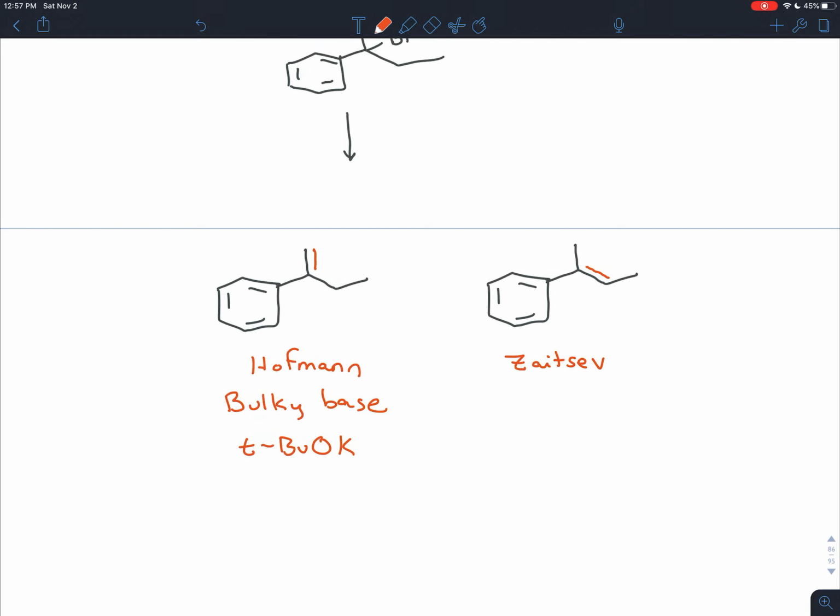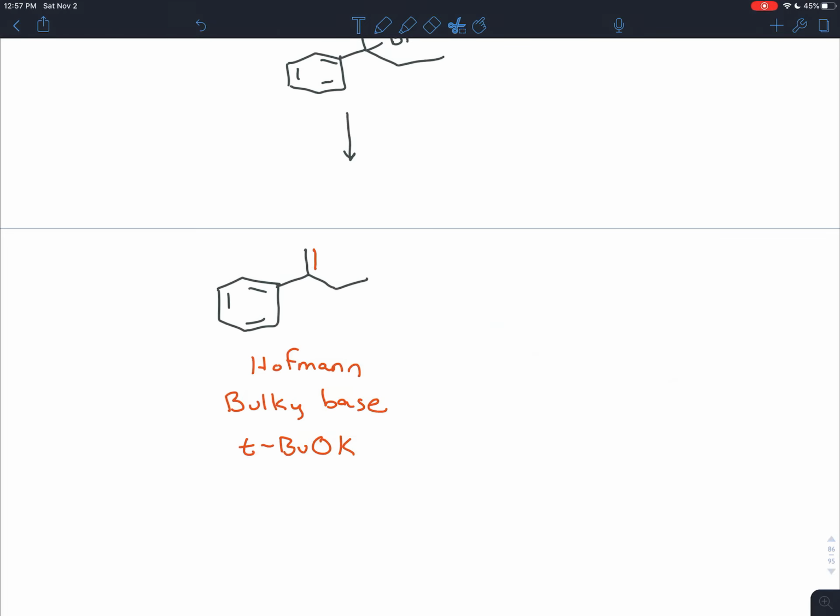So you'd want to use a bulky base like potassium tert-butoxide and not a skinny base like sodium hydroxide, sodium methoxide, or sodium ethoxide.